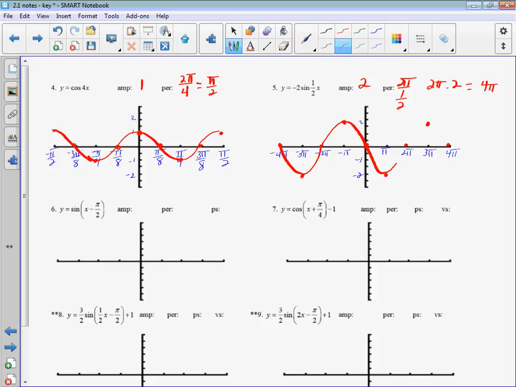Yeah, let me draw it and then I'll get your question, okay? So, parent graph of sine would have done this, right? Okay. Because there's a negative with our 2, the flipping and the stretching. I did it all at once, okay?